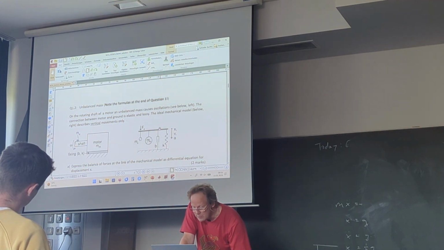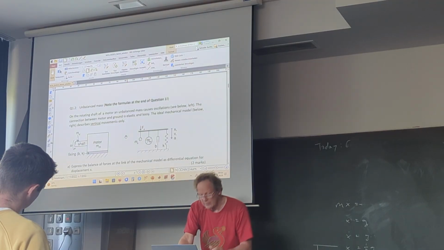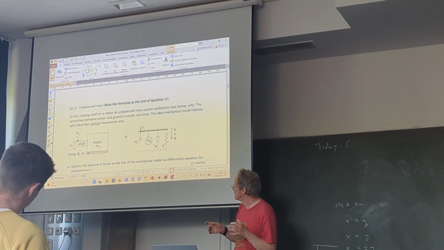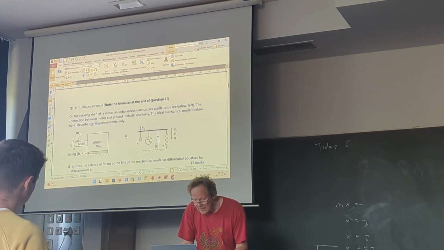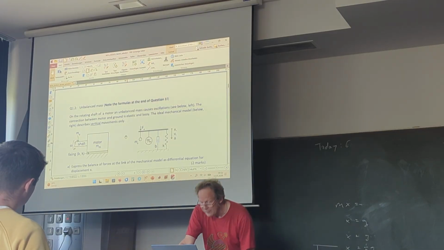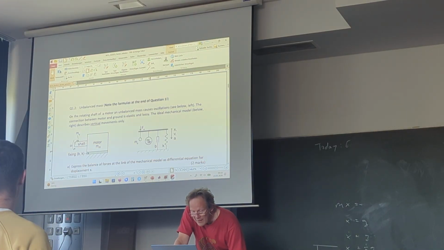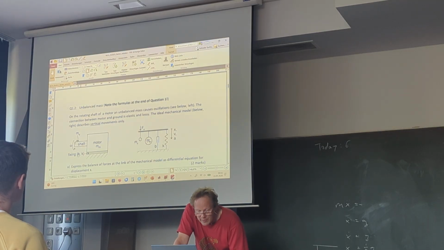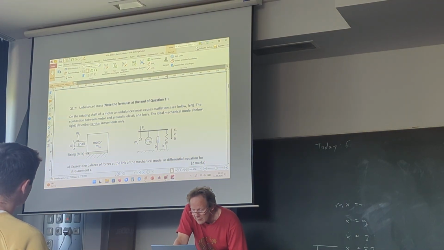And we said we can model this first mechanically as ideal elements, as a link where we have attached a larger mass for the motor block, a smaller mass than for this unbalanced mass. Then we have fixing here to the ground with some damping B and some elasticity K. So we have a damper and a spring here.